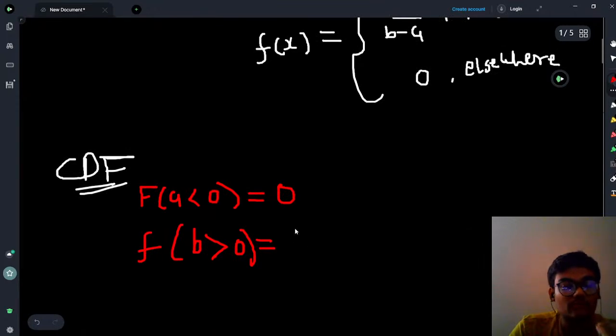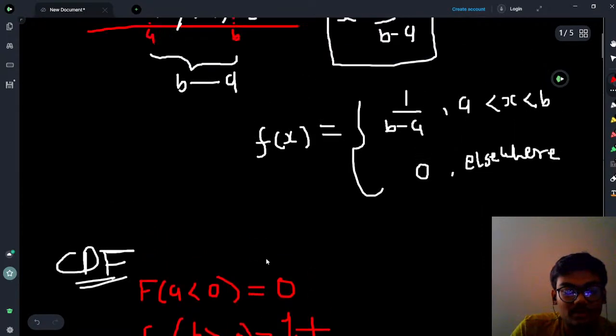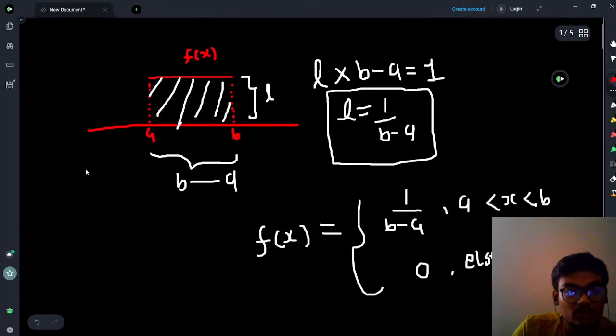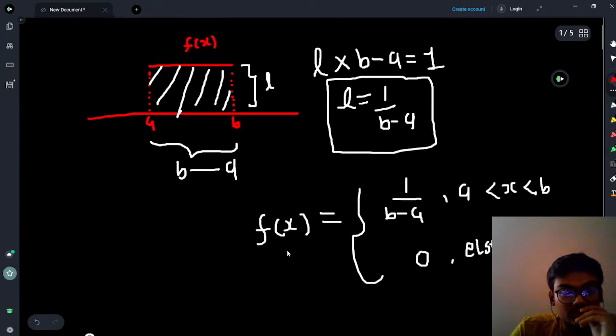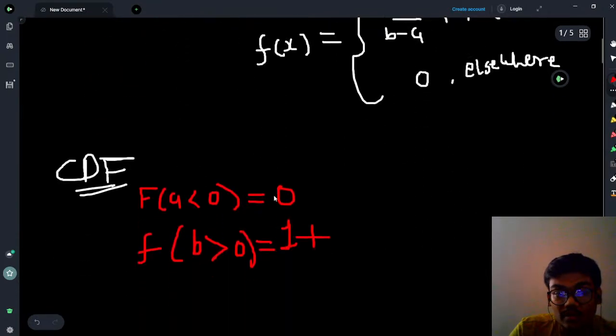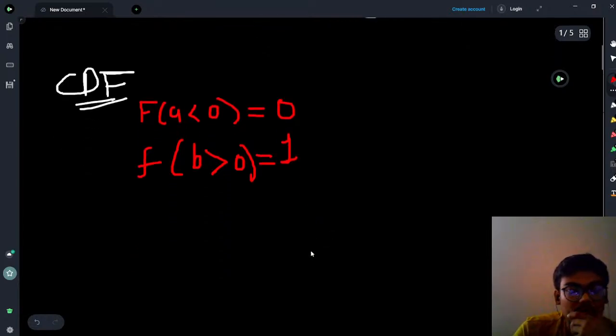So it is divided into minus infinity to a, which is 0, plus a to b, which is 1, plus b to infinity, which is 0. So the cumulative CDF will be 1. I think you got it.